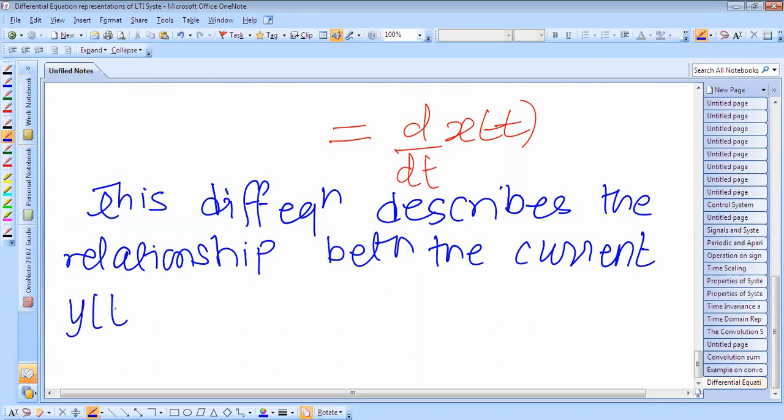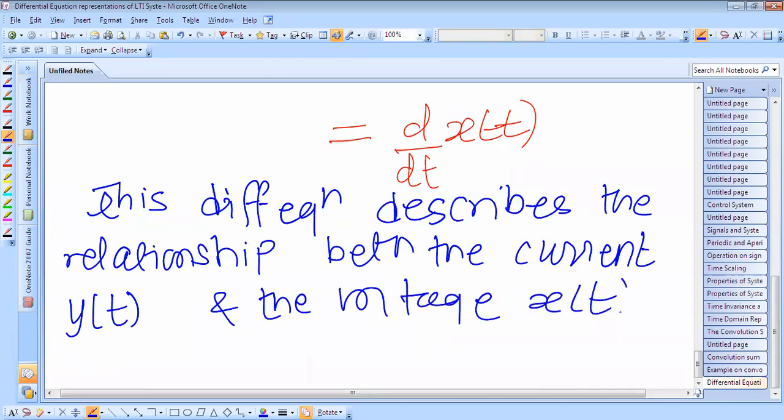Current is y of t, and the voltage which is applied to the circuit, electrical circuit, is x of t, in the circuit.